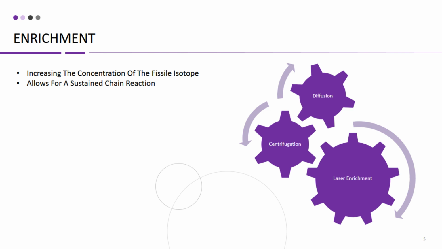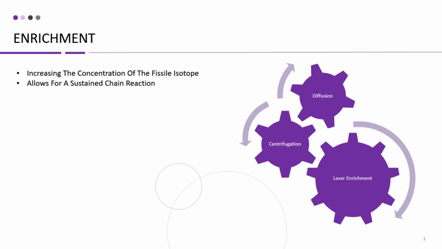Gas centrifugation involves spinning cylinders of uranium hexafluoride at high speeds, and the heavier U-238 isotope is forced towards the outer edge, while the lighter U-235 isotope collects towards the center, resulting in an enrichment of U-235. Laser enrichment uses lasers to selectively ionize U-235, which is then separated from U-238 using electric or magnetic fields.